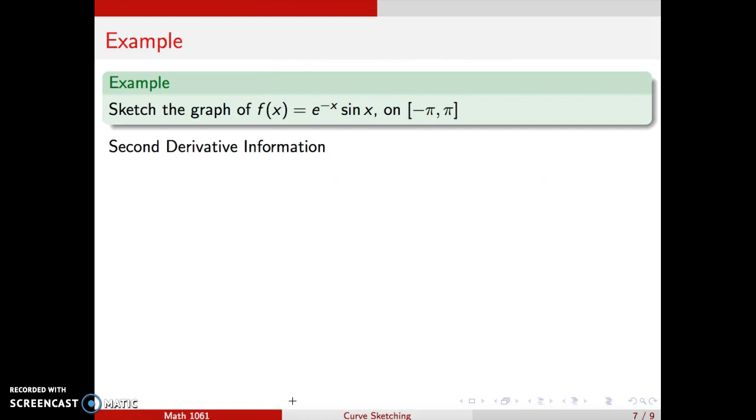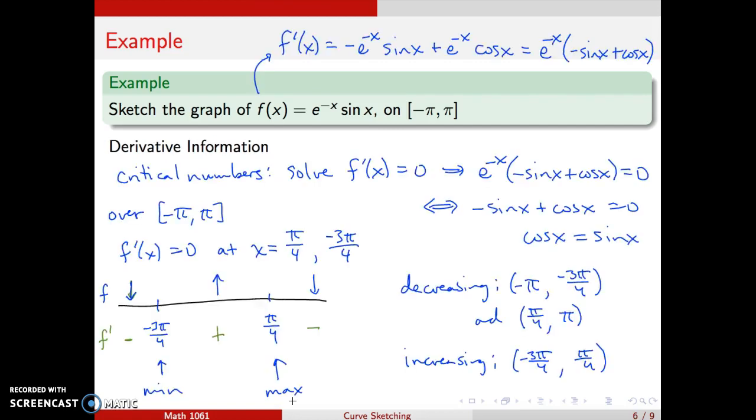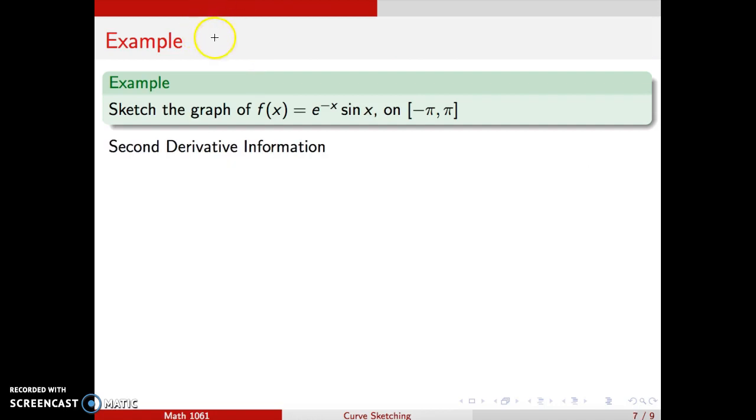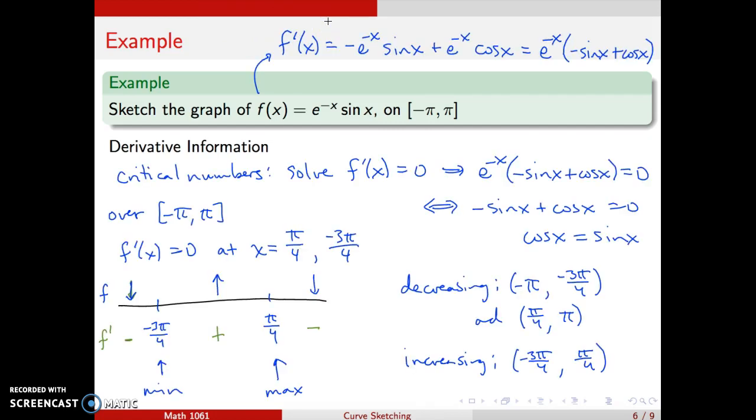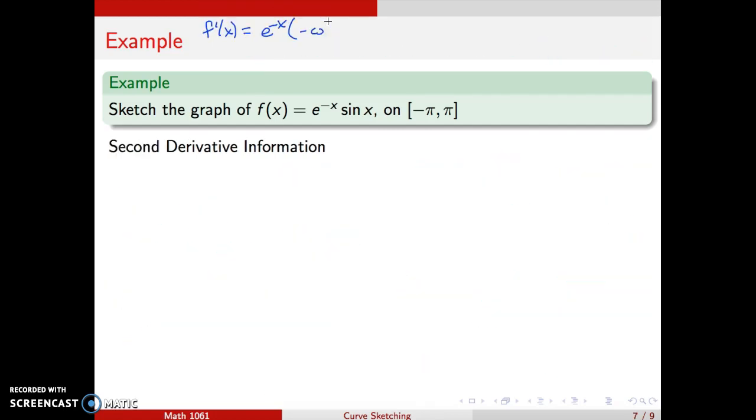Second derivative information. Remember, the first derivative was e to the negative x times negative sine x plus cosine x.